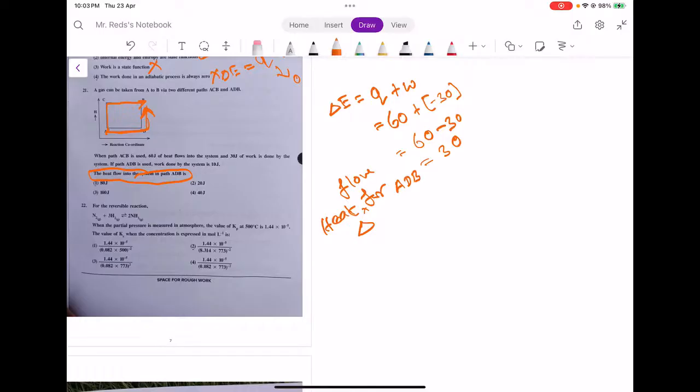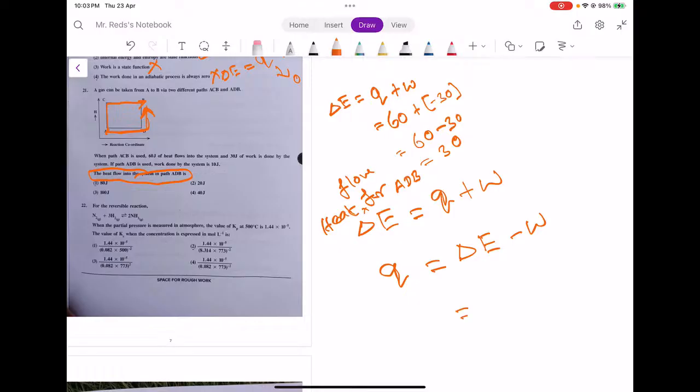Asked heat flow. Here, delta E is equal to Q plus W. Q is asked here. That Q is equal to delta E minus W.